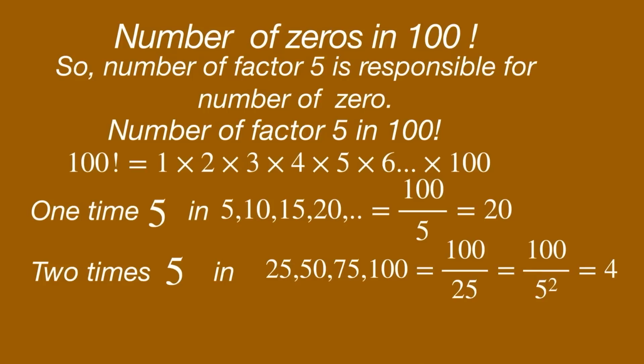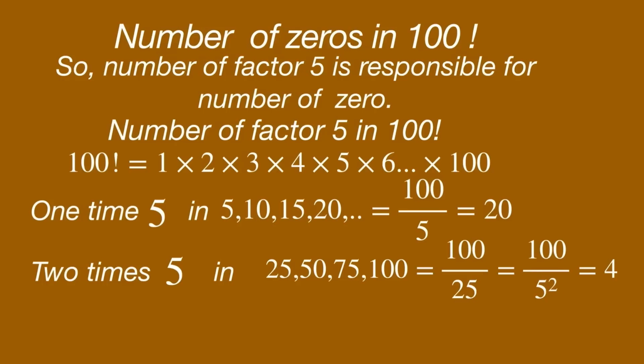Logically, the count of numbers with two 5s in 1 to 100 will be equal to 100 by 25, and more logically, this will be equal to 100 by 5 square, that is equal to 4.